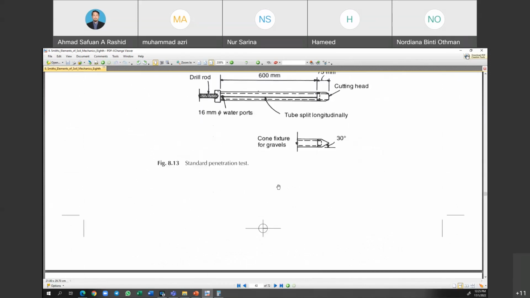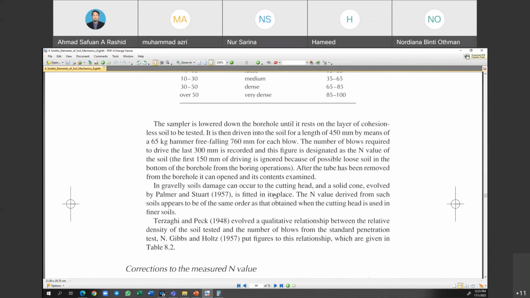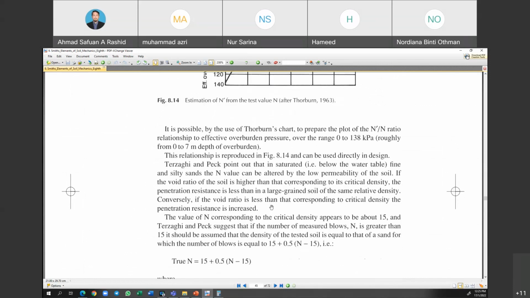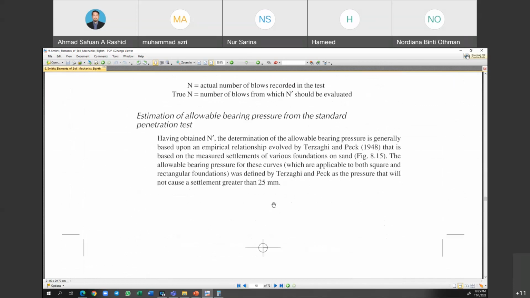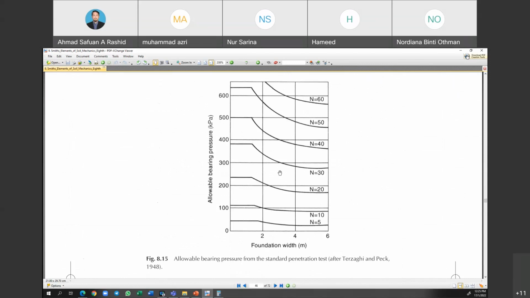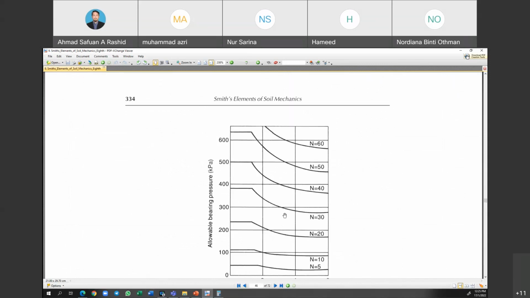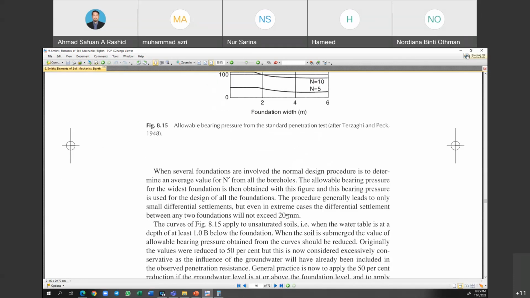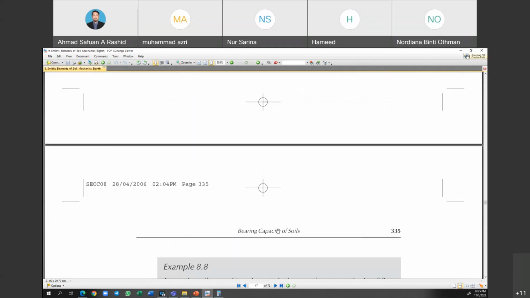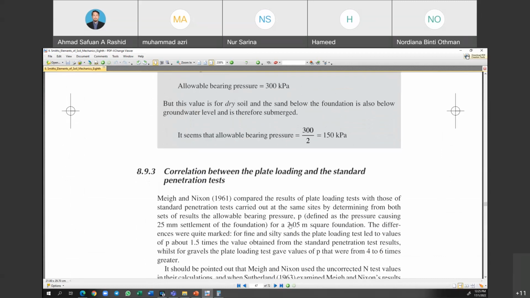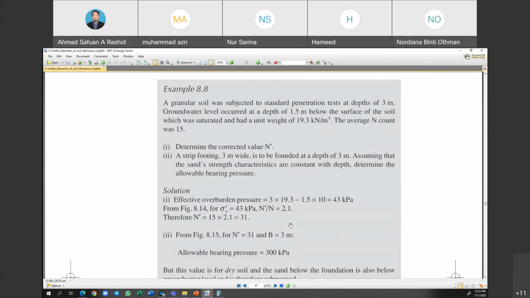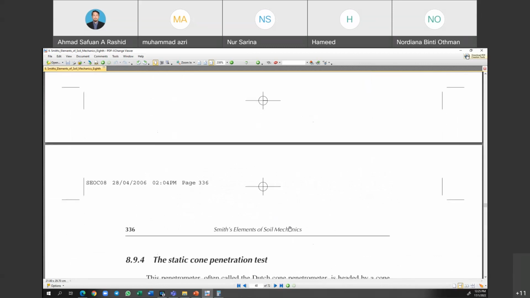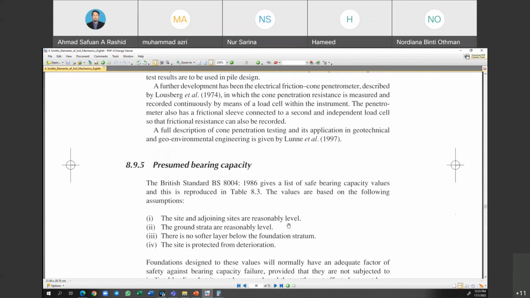This is the SPT correction that we have discussed previously. The estimation uses the same graph from the slide. So this is an example for the SPT correction, take a look. CPT.